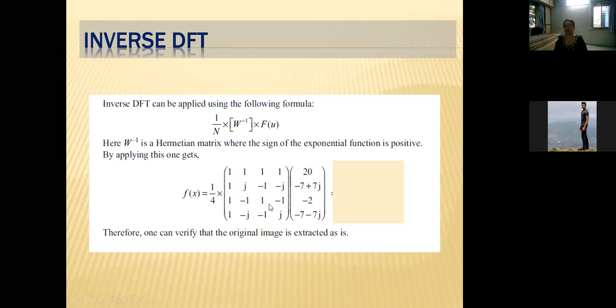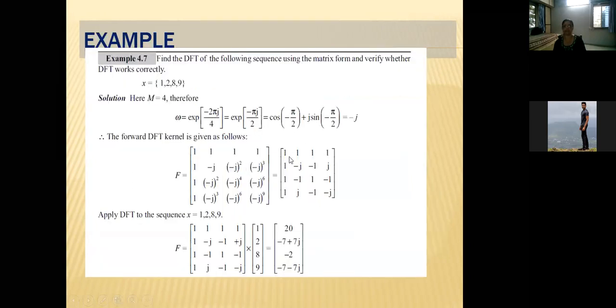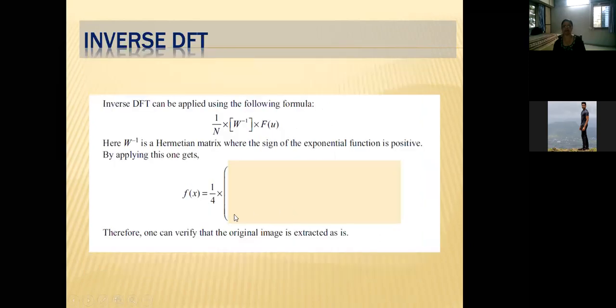All real terms from this matrix remain the same because your equation is the same except the sign change. Instead of minus j, now we have plus j. So from this matrix, we can simply invert the signs of the j terms. This minus j will become plus j, j will become minus j, this j will become minus j, and this minus j will become plus j, because your term is e raised to j 2 pi by 4. That's why we can obtain this inverse transform matrix easily.